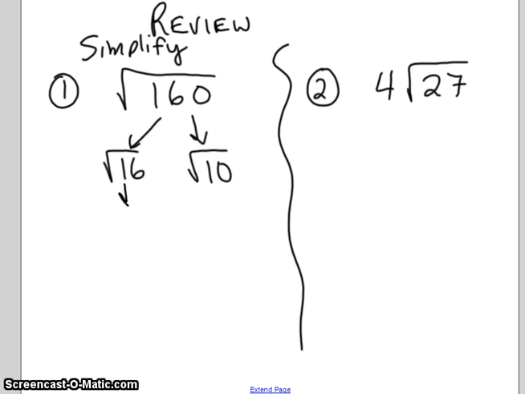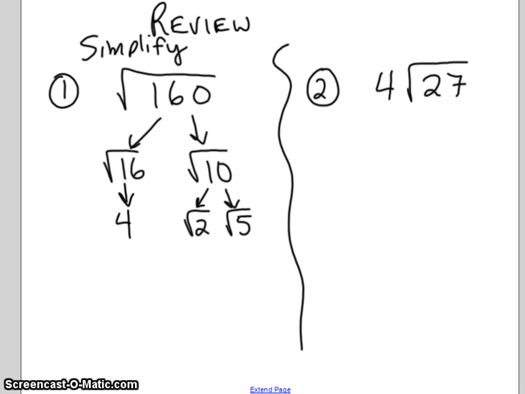We know that 16 is a perfect square. 4 squared equals 16, so we have 4. And then the square root of 10 is broken into 2 and 5, because 2 times 5 is 10.